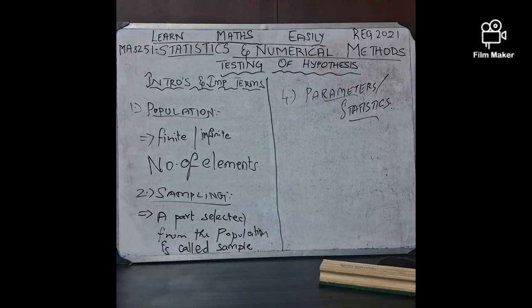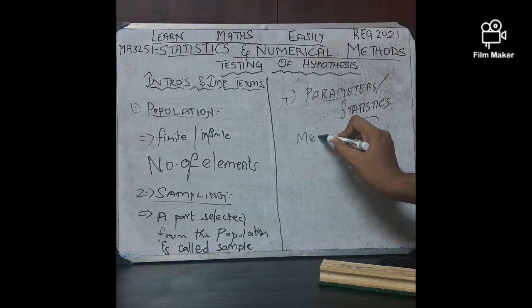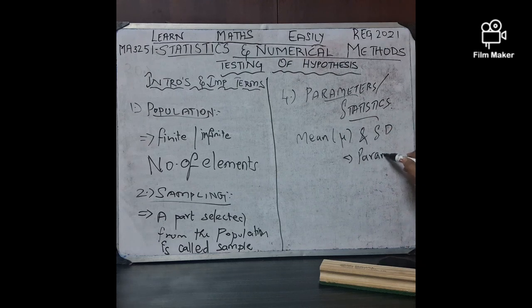The statistical constants of the population, like the mean and the standard deviation, are called parameters.